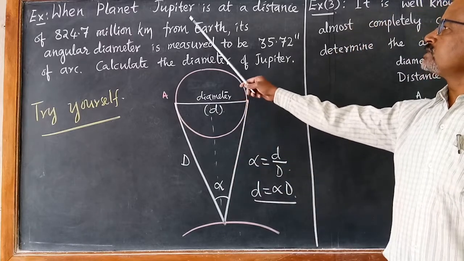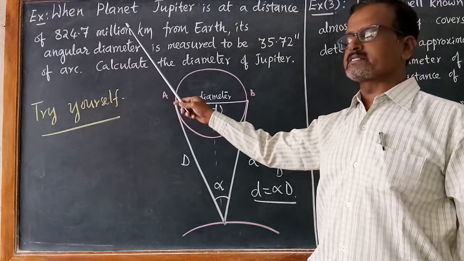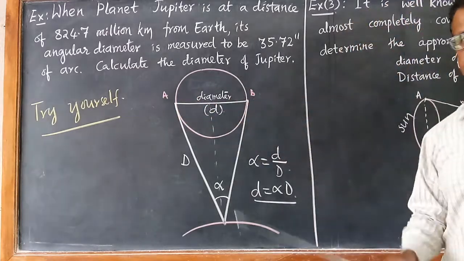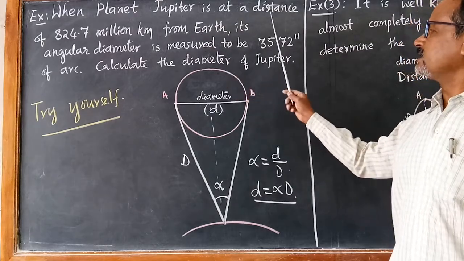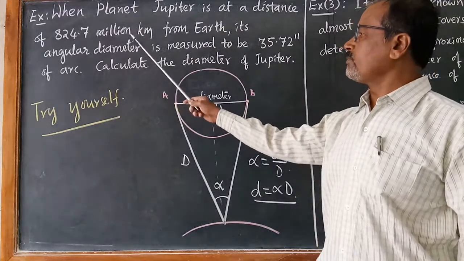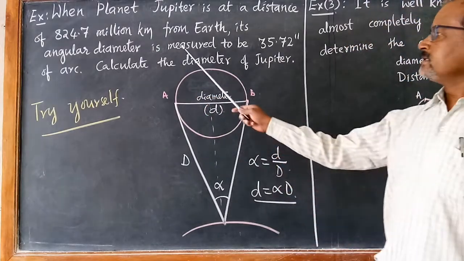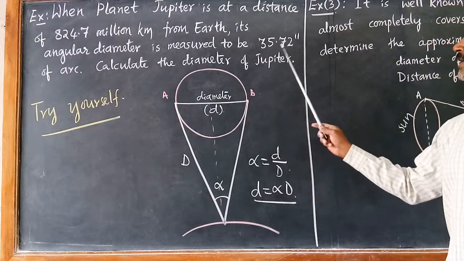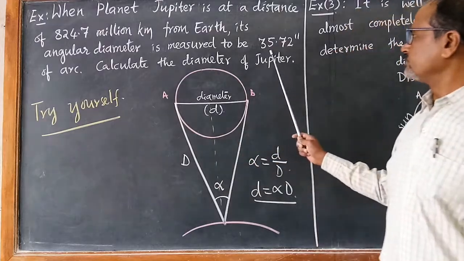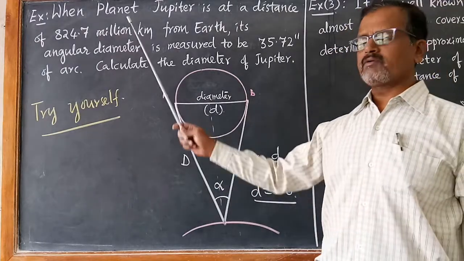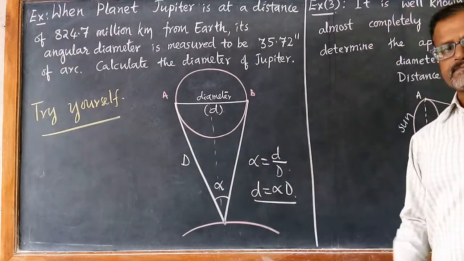When planet Jupiter is at a distance of 824.7 million km from Earth, its angular diameter is measured to be 35.72 seconds of an arc. Calculate the diameter of Jupiter.